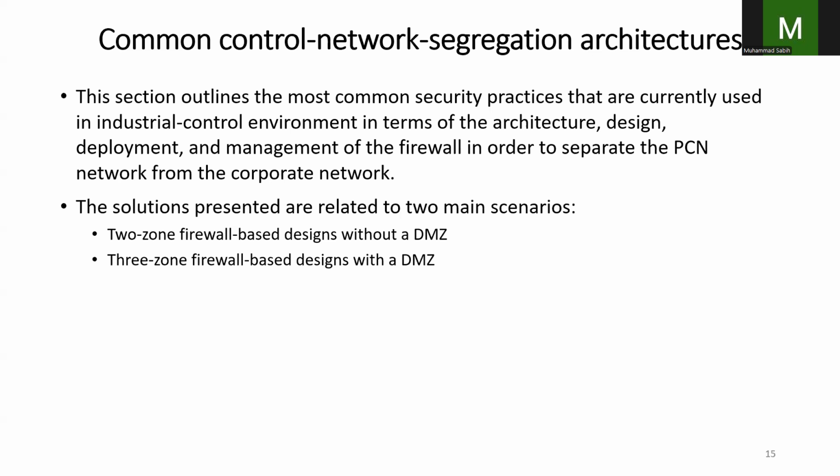In this section, we focus on how to architect firewalls to effectively segregate the process control network from the corporate network. So on one side, we have the corporate network, and on the other side, we have the process control network.